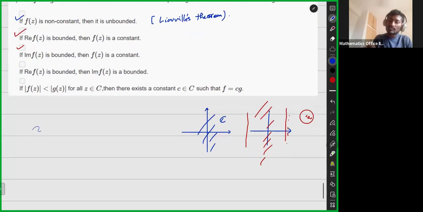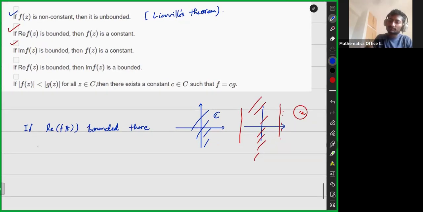If the real part of f(z) is bounded, then there exists a disk centered at z not of radius r, a small r, maybe some epsilon, so that f(z) does not belong to that disk for every z.